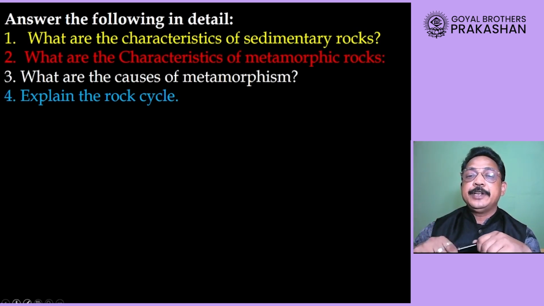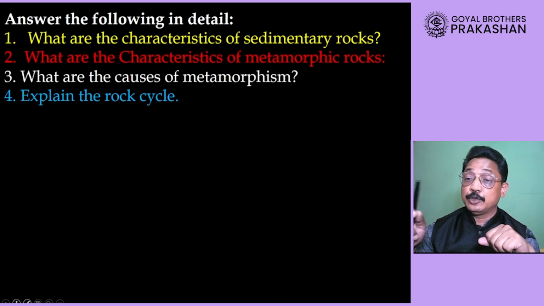Our next question here is, what are the causes of metamorphism? We are talking here about, dear student, metamorphism in relation to rocks. So what are the causes of metamorphism in rocks? There are actually 4 causes. Cause number 1: excessive heat due to volcanic eruption.